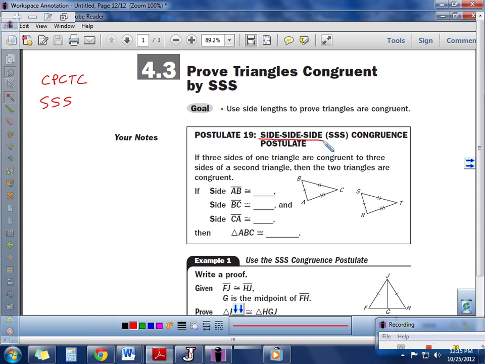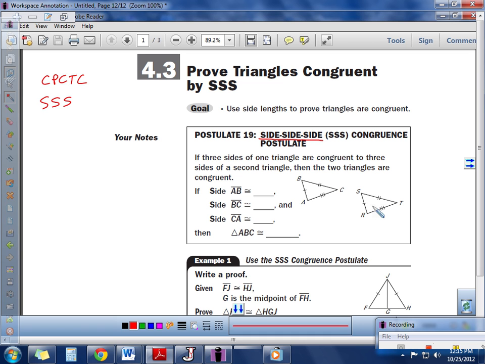We are good if we have a picture that looks like this. We know all 3 sides on each picture correspond and they are congruent. So I don't need the angles anymore. I don't need CPCTC when I know this much information. So it's a shortcut. You only have to know 3 pieces on each instead of 6 pieces on each. So we like that a lot.